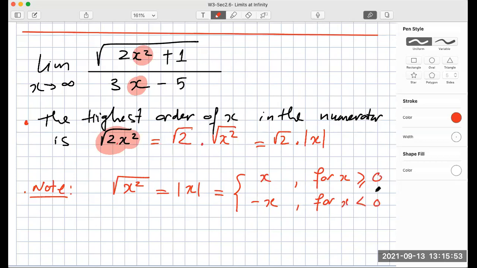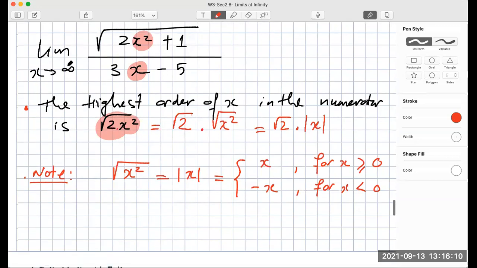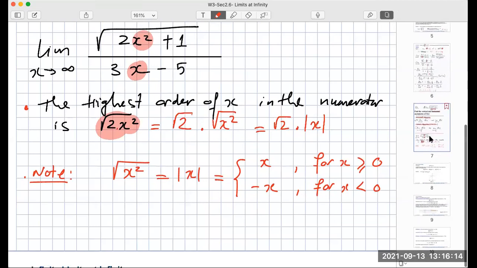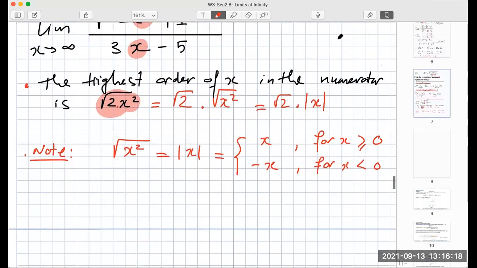If x is positive, then square root of x squared, the absolute value of x, will be x. And if x is negative, then absolute value of x is negative of x. So it is very tricky. So when we compute the limit when x goes to infinity here, it's easy, right?